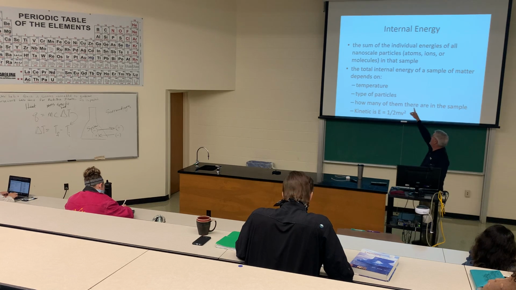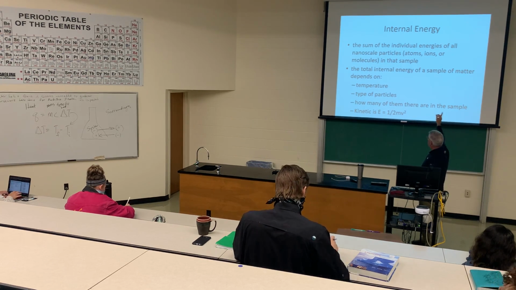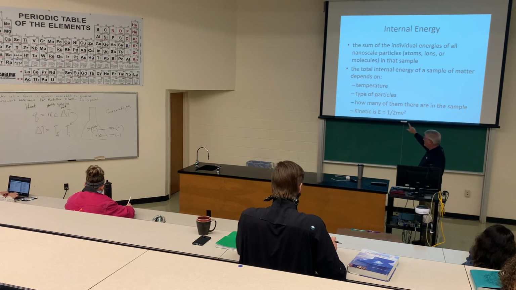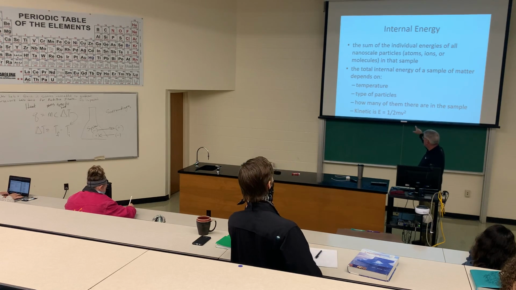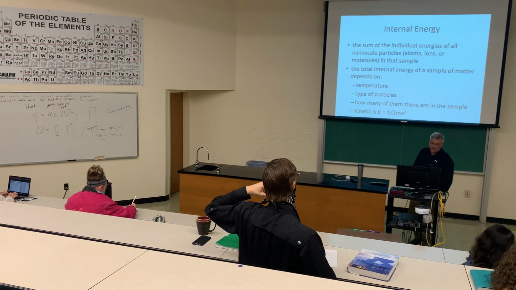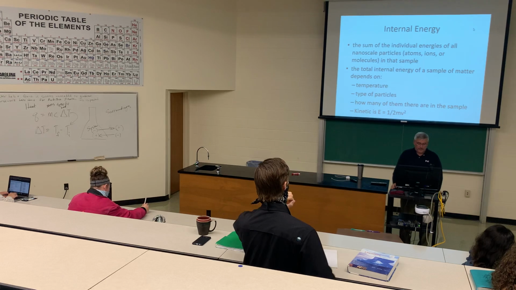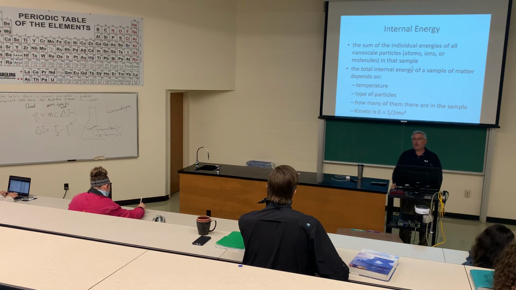The internal energy is the sum of individual energies of all nanoscale particles, atoms, ions, molecules in a sample. And the total internal energy of the sample depends on the temperature, the type of particles, and how many of them there are. And don't forget kinetic energy is E equals 1/2 mv squared.